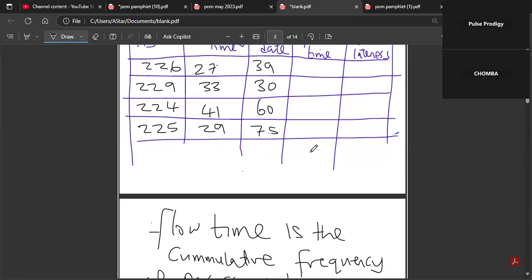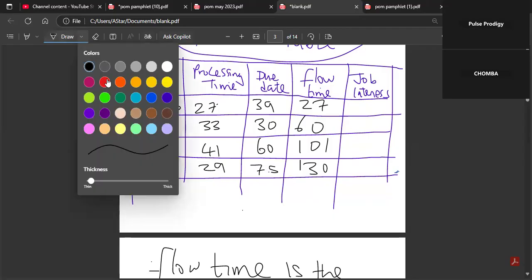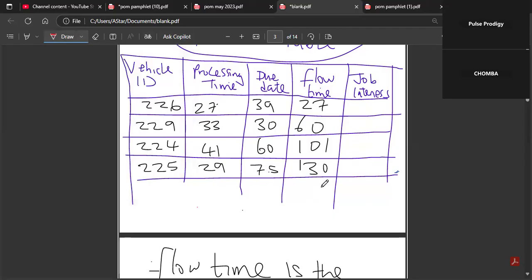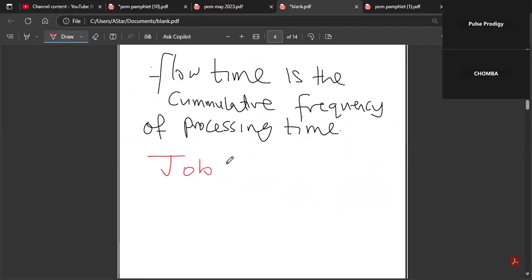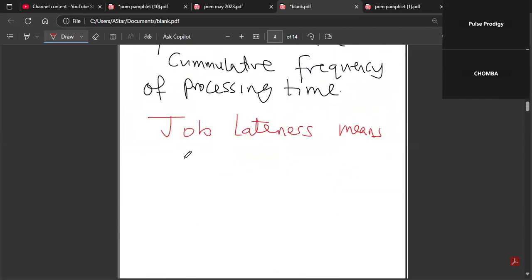So what will be our flow time? Here it will be 27. 27 plus 33 is 60, 101, and 130. Cumulative frequency of processing time. Then our job lateness will be what? If you pass the due date, you are late. So job lateness means flow time greater than due date.